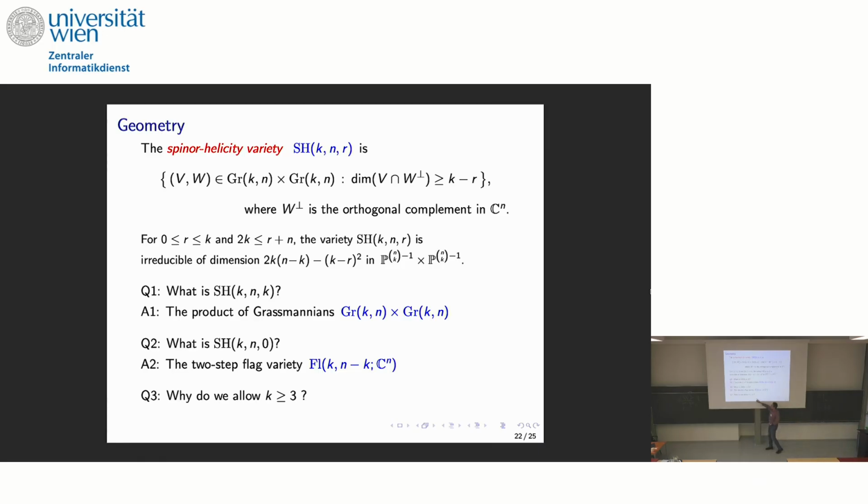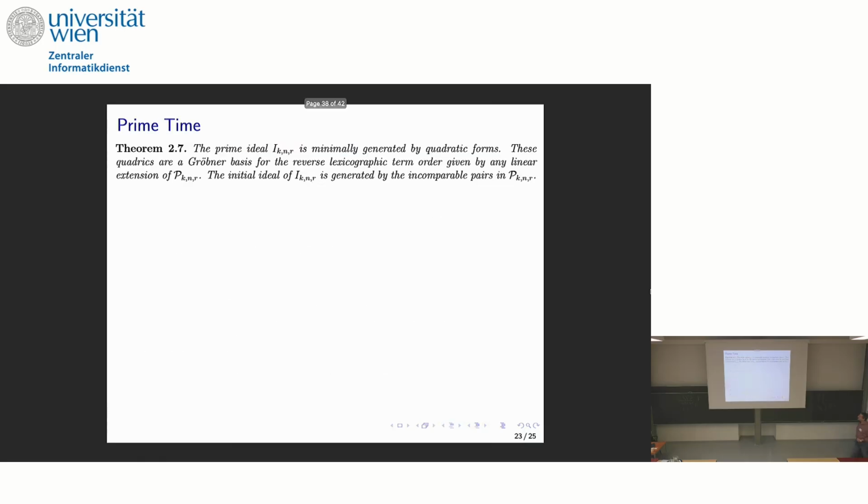So the third question is, why do we allow k greater or equal 3? And that's because I like CEGM theory. So CEGM is one of those theories. So this is Cachazo, Early, and so on. It's a very beautiful theory where you take Grassmannians, not just G(2,n), but larger. It hasn't really caught on a lot in the physics community, but this setting of spinor helicity variety works really, really well in CEGM.